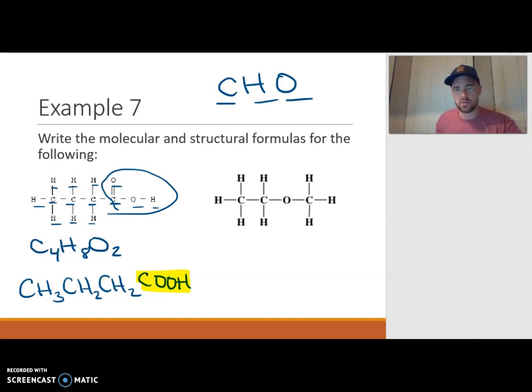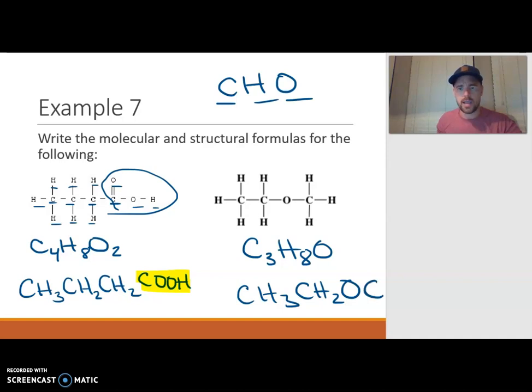Let's look at the second one. The molecular formula here: there are 3 carbons, 8 hydrogens, and 1 oxygen. Structurally, we would write that as CH3, then CH2, then O, and then CH3. Once again, I can see, oh, it looks like we have an ether.